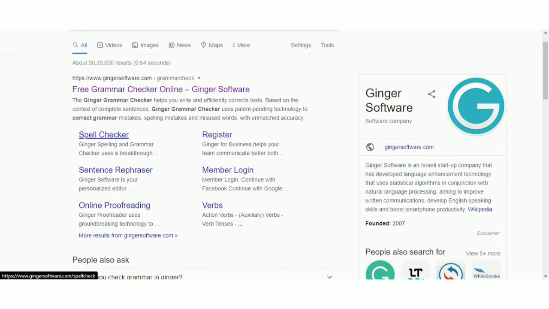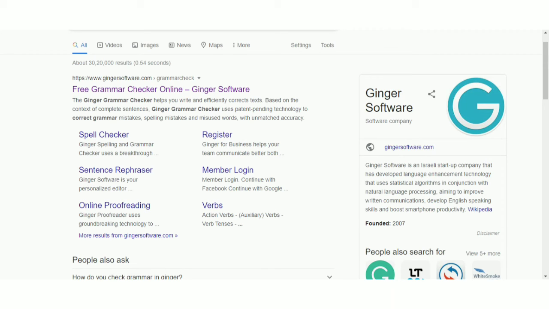This feature like spell checker and sentence rephraser is good for class 6, 7, 8 up to class 12. But this online proofreading feature is beneficial for undergraduates or postgraduates. They can use this. And there are many grammar rules also which can be beneficial for you. You can learn grammar rules from there.